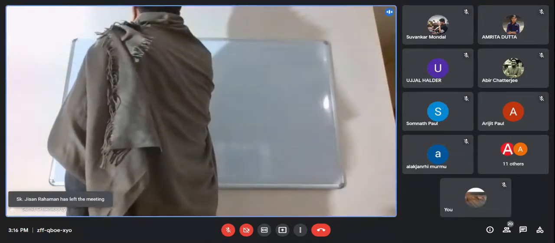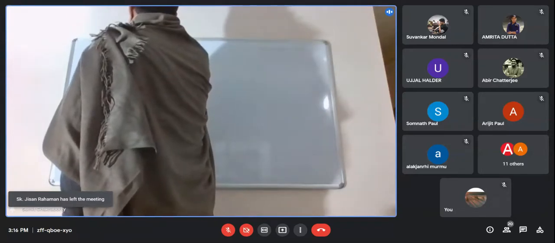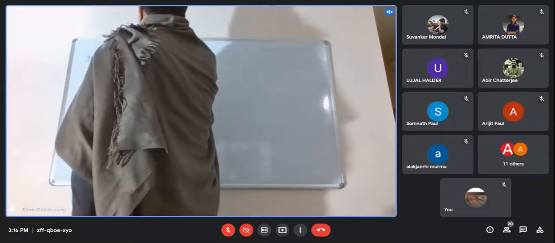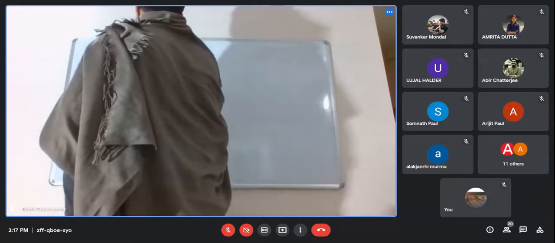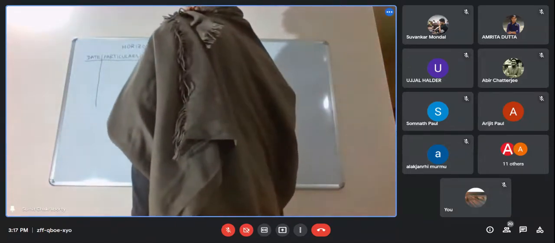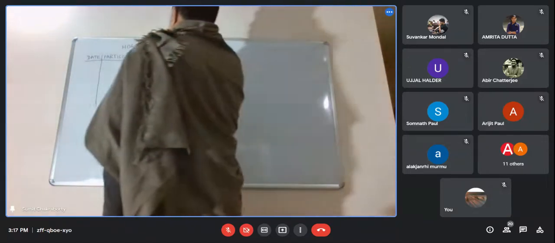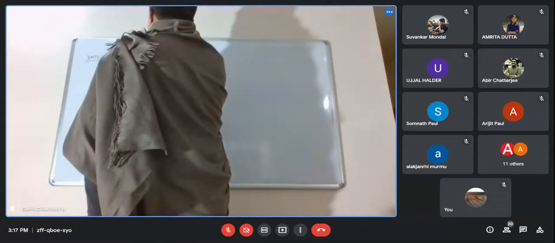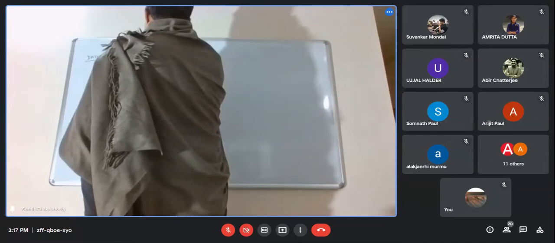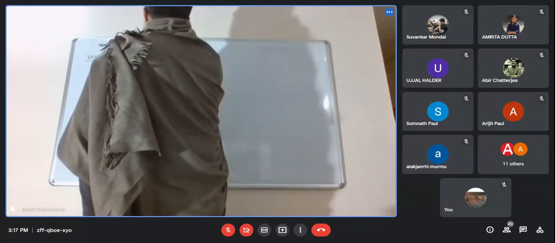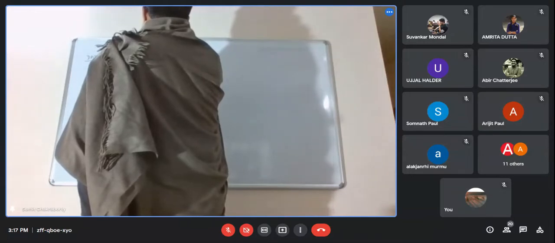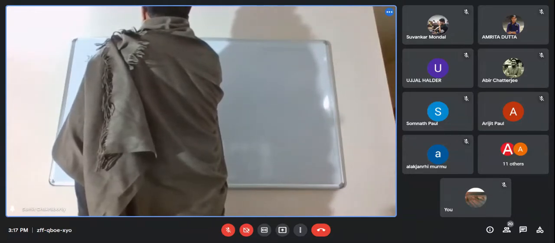If it is a ledger, then we should write journal folio, JF. Folio means page number. And then amount. Debit amount. Amount.